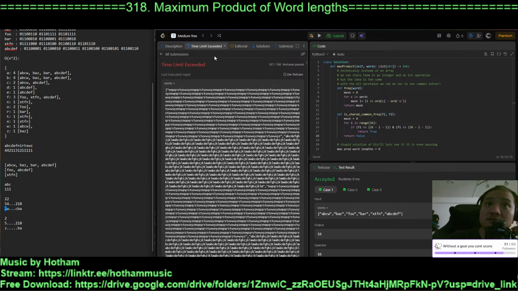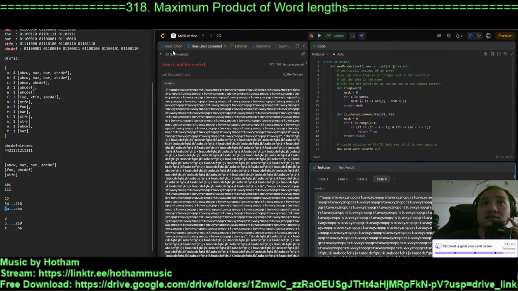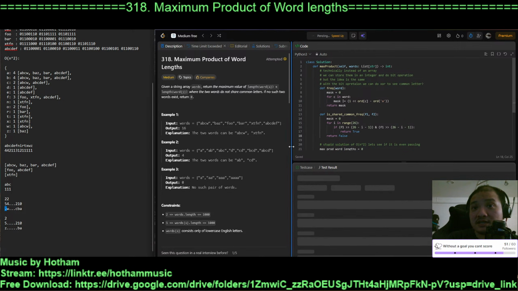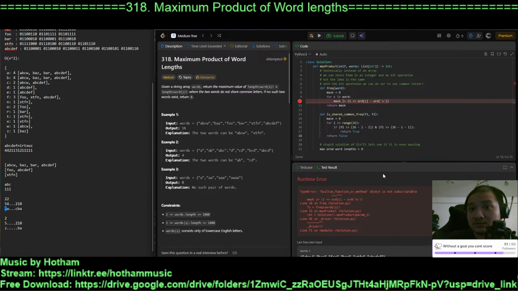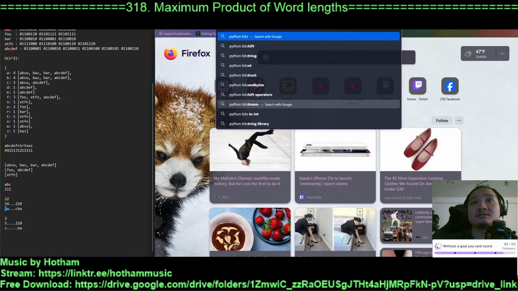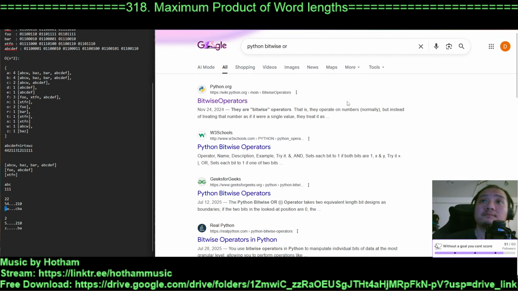And then we can use this test case, see if we will pass. Chat discussion said that bits will do good. Okay, what is this? Python binary bitwise OR.